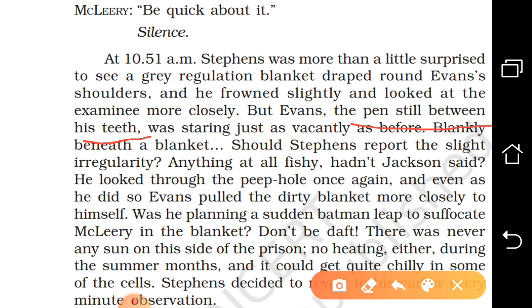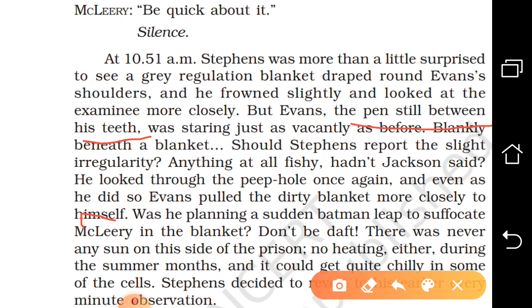Was staring just as vacantly as before, blankly beneath the blanket. Should Stephen report the slight irregularity? Anything at all fishy? Hadn't Jackson said? He looked through the peephole once again, and even as he did so, Evans pulled the dirty blanket more closely to himself.